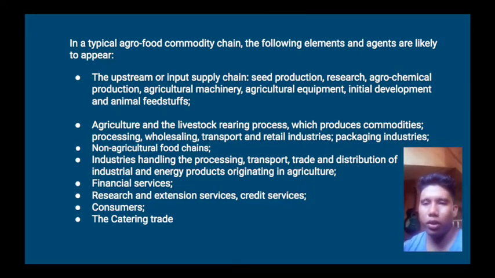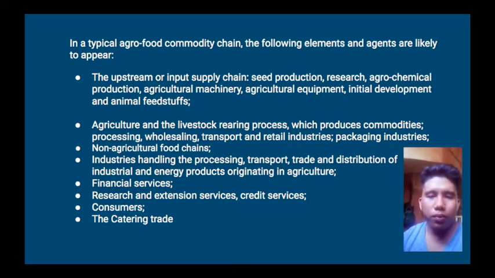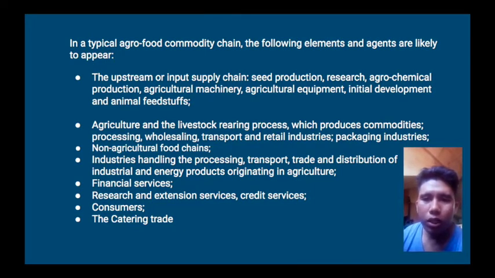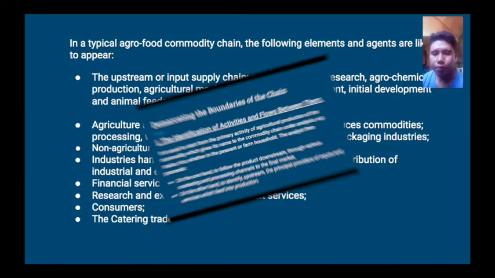These are the manufacturers. And packaging industries, non-agricultural food chain industry handling and processing, transport and distribution of industrial and energy products originating in agriculture, financial services, research, extension services, credit services, consumers, and catering service.